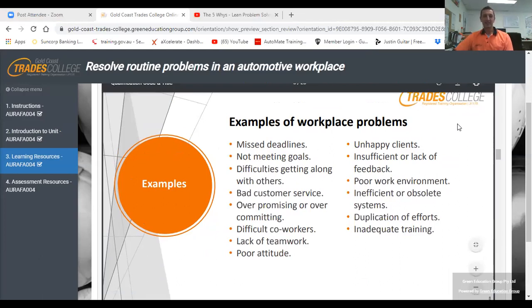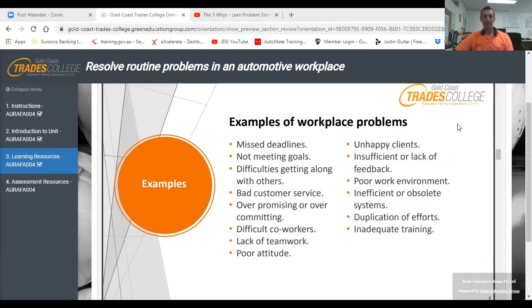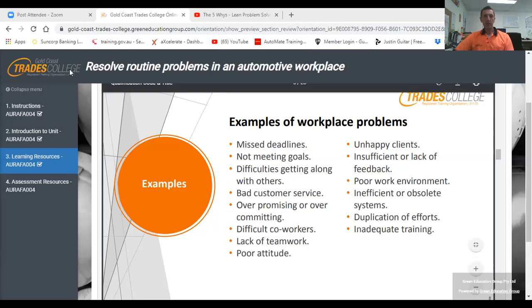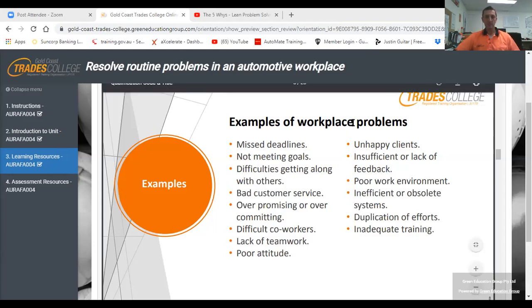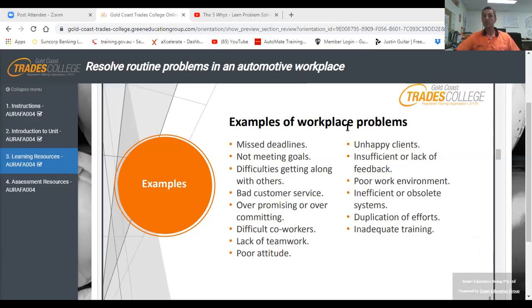So examples of workplace problems: not meeting goals and difficulties getting along with others, bad customer service, over-promising or over-committing, difficult co-workers, lack of teamwork, poor attitude, unhappy clients, insufficient or lack of feedback, poor work environment, or inefficient or obsolete systems.